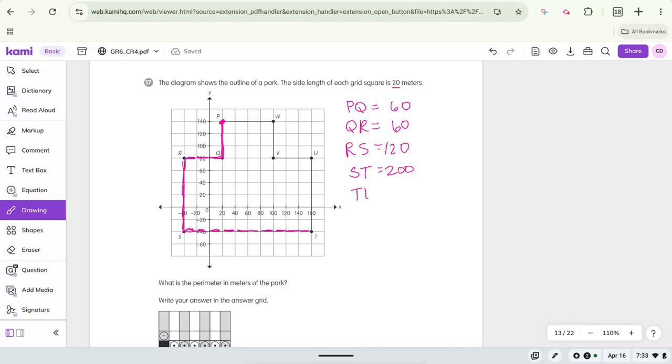Then from T to U. 20, 40, 60, 80, 100, 120. Then U to V. 20, 40, 60. Then from V to W. 20, 40, 60. And finally from W to P. 20, 40, 60, 80.